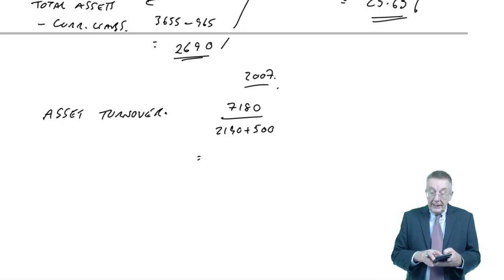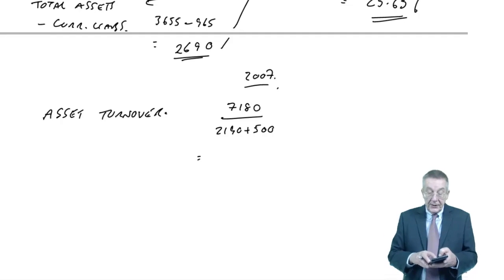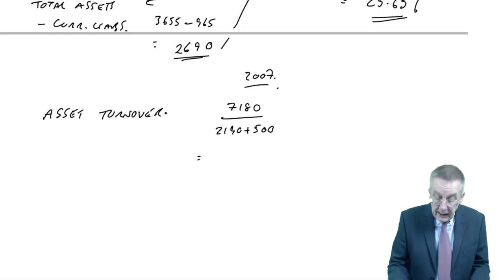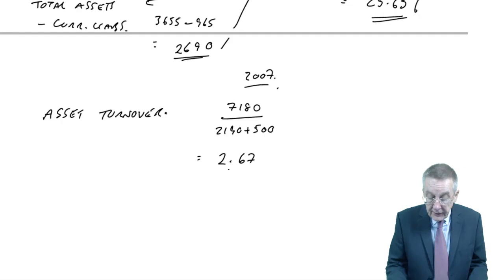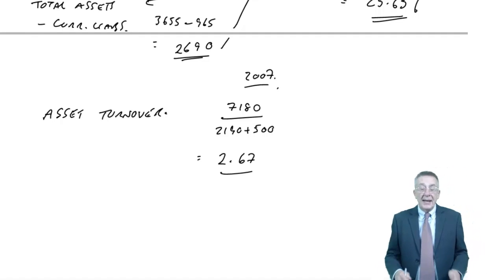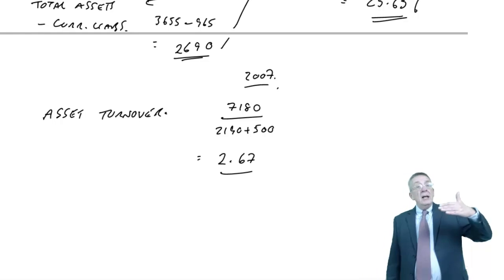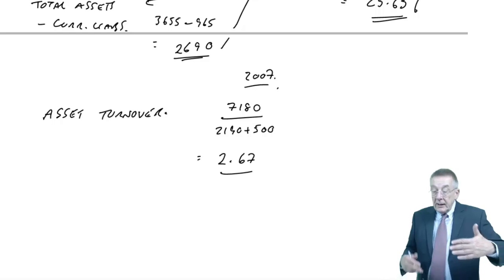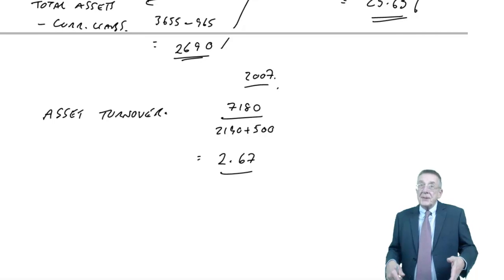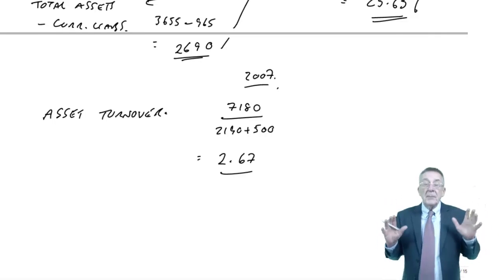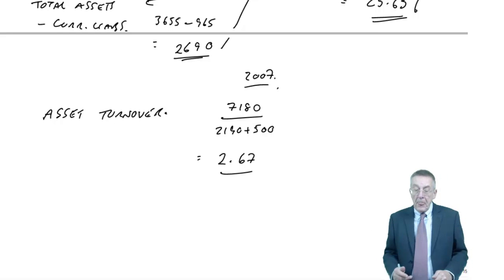And so 7,180 divided by 2,690, I get 2.67. And this one, generally, we don't write as a percent, just as a multiple. So this year, we are earning revenue of 2.67 times the size of the company, the total long-term money.